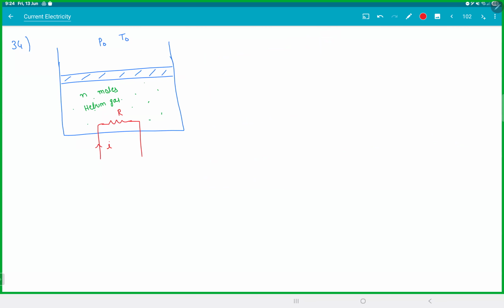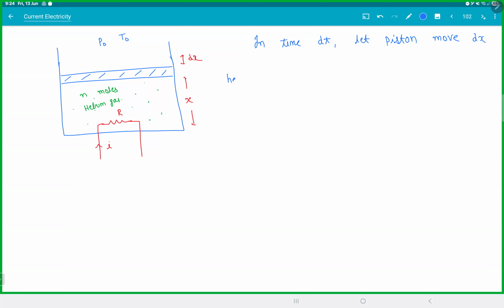So let's say this piston, right? Let this distance be x, and in time dt, let it go a distance dx. So take a very small time dt. Let the piston move by dx.